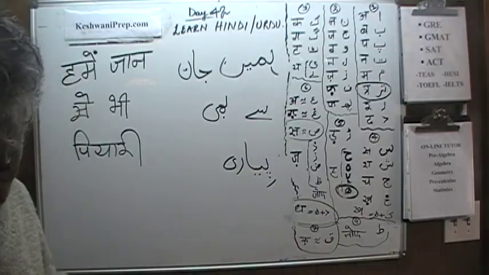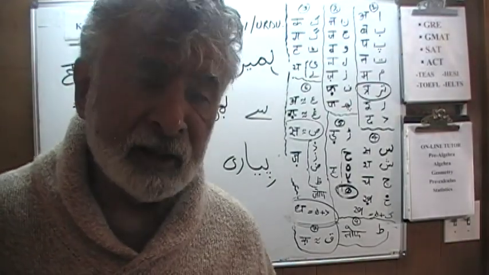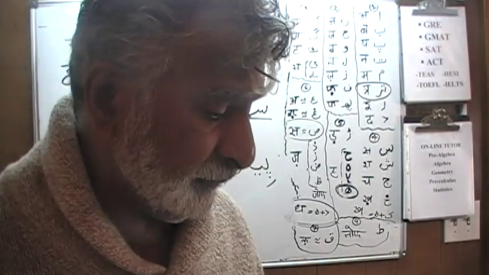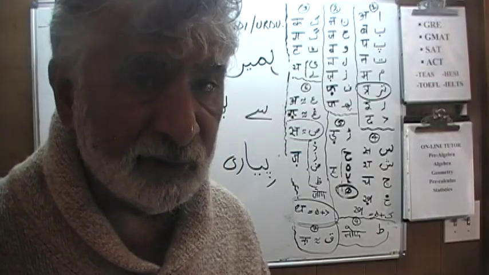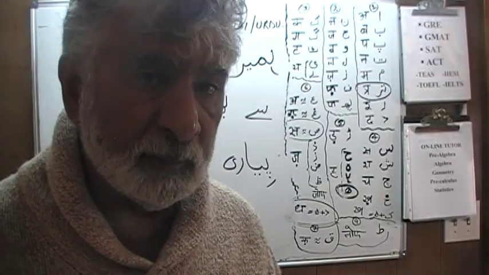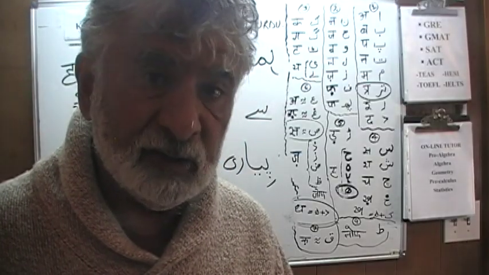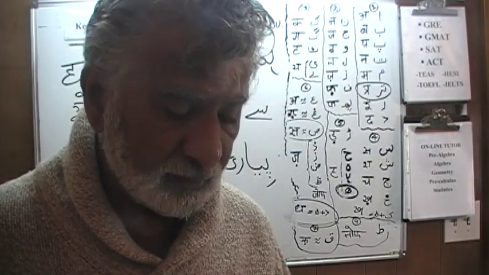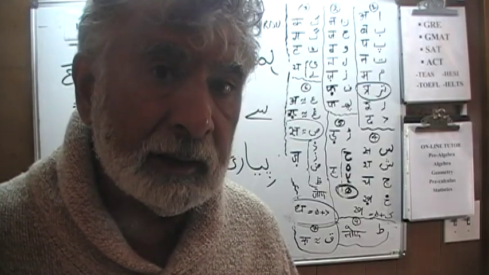Let's read the whole line so it makes sense. Ke tumhaari zindagi hai, hamein jaan se bhi pyaari. That your life is, more beloved to me. Jaan means life also. It's more beloved to me than my life.